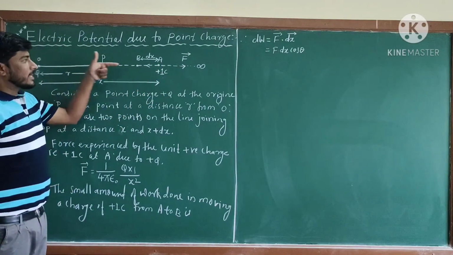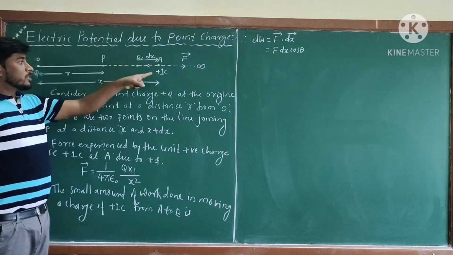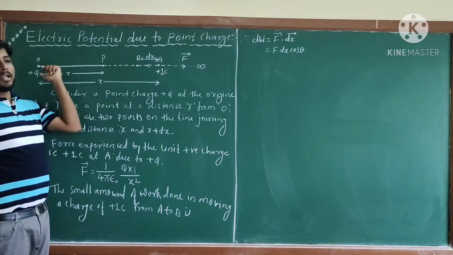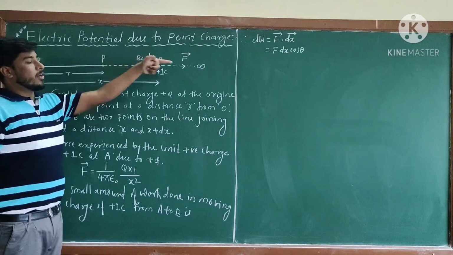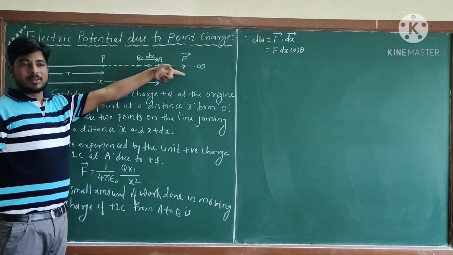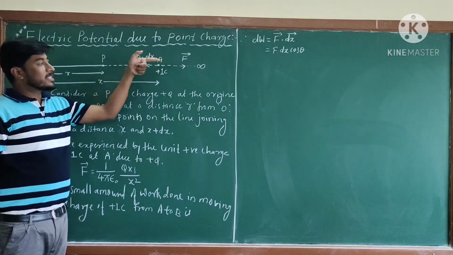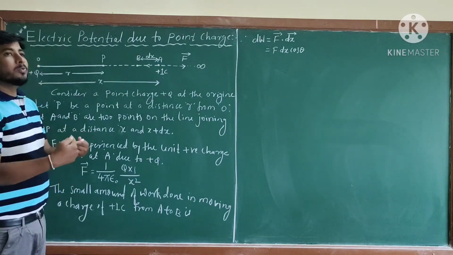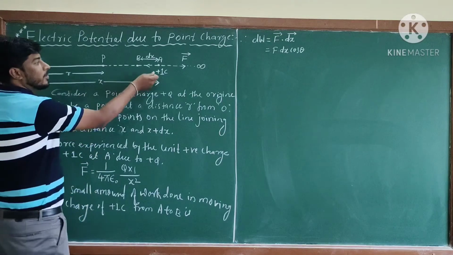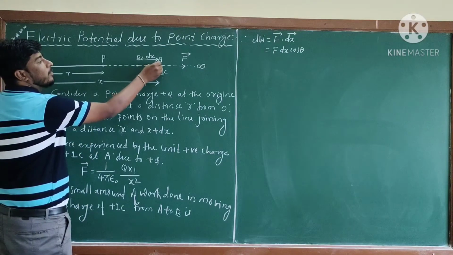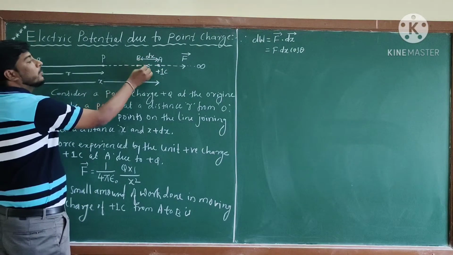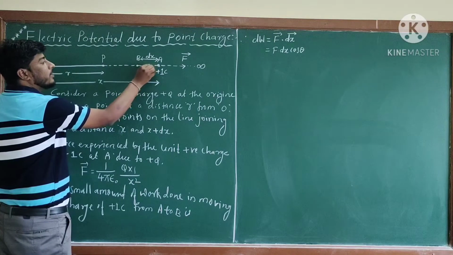We know that force is acting in this direction. The force due to the plus 1 Coulomb and this point charge is going away from the charges, which is repelled, and we are doing the work against this force, because we are doing the work from A to B, which is against the electrostatic force.